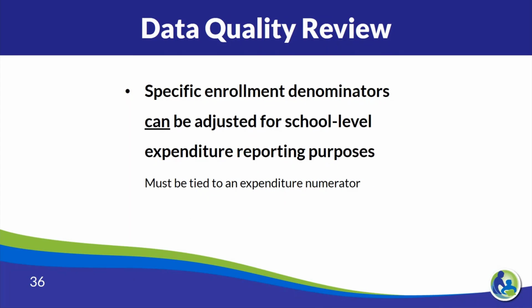The other type of enrollment adjustment we can make is if you have students that, because of how costs are allocated or identified in your district, it would make sense to have them in a different denominator than the one they would default to.